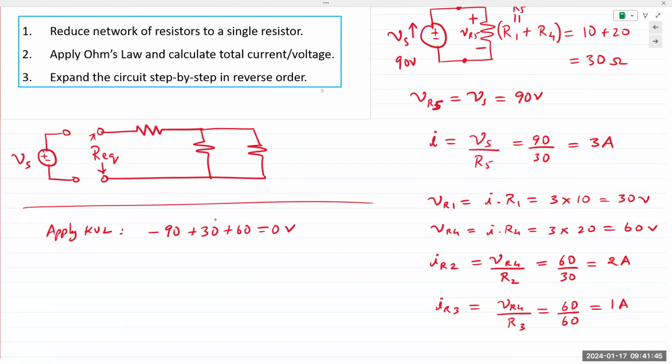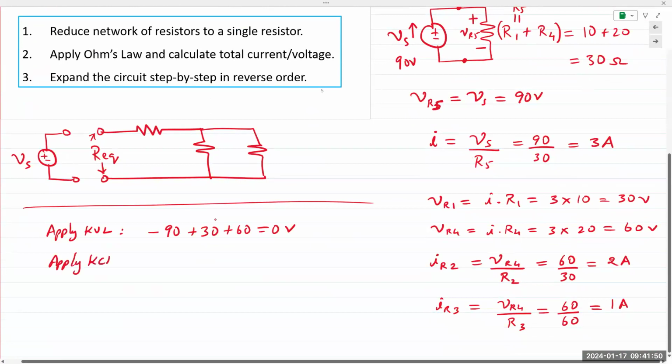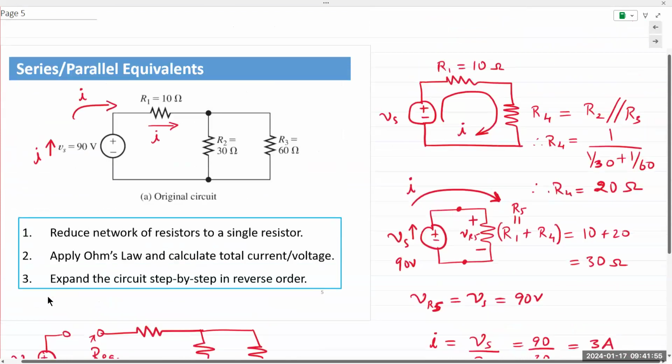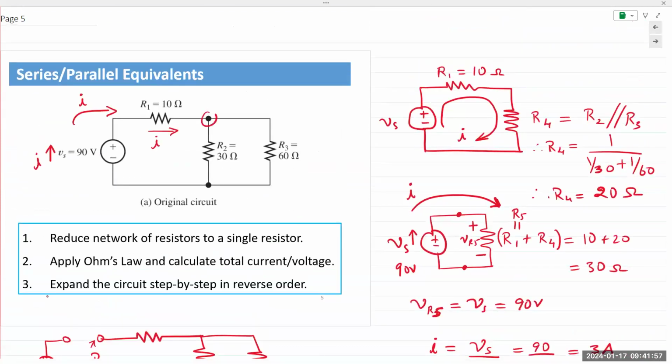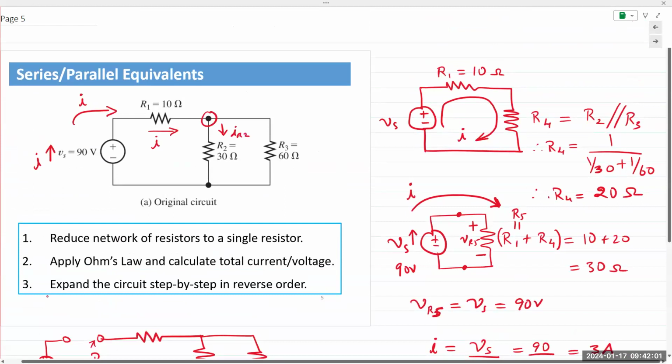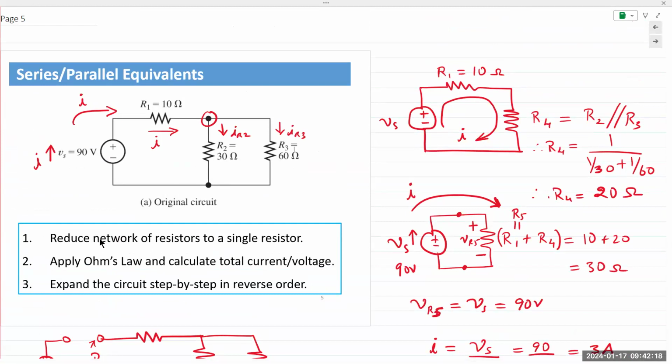And you apply KCL at the top node or at the bottom node, doesn't really matter. I have I entering this junction. Logically, IR2 and IR3 will be going down. Oh, the voltage polarity for VR5 is also plus and minus. So we get the current direction for R2 and R3 as going from top to bottom.